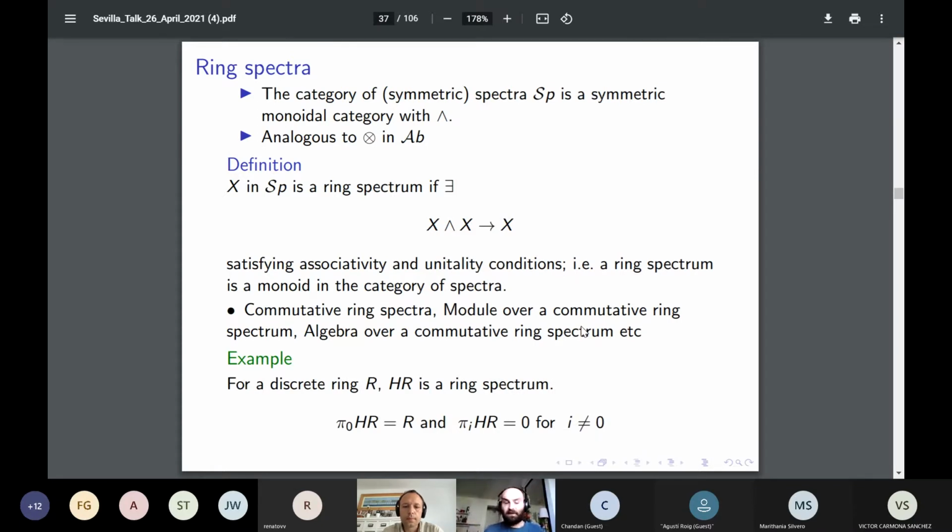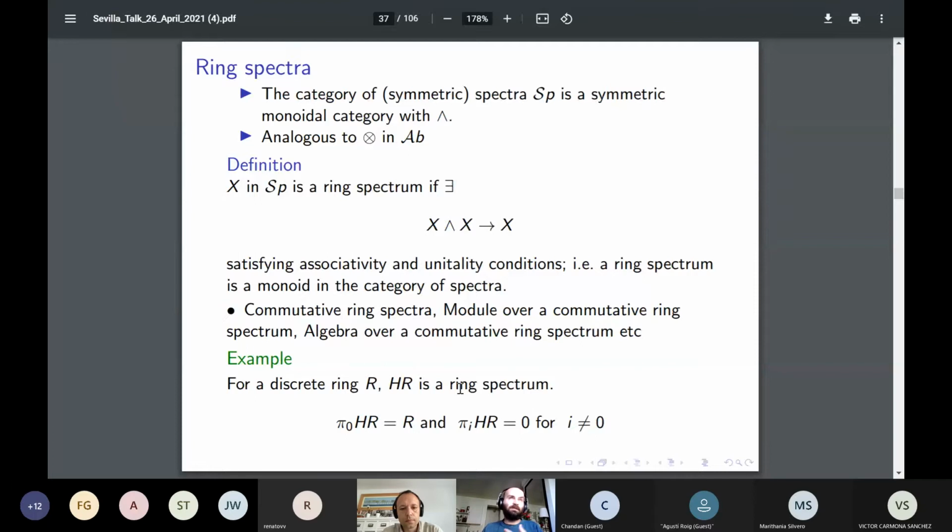The main example we should think about, at least for the purpose of this talk, of a ring spectrum is this: if you give us a classical discrete ring R, then HR, which is the spectrum defined by the property of having all its homotopy groups concentrated in degree 0, where it is given by R, is a ring spectrum. And if R is commutative, this is a commutative ring spectrum. It's interesting that, vaguely speaking, through this construction, ring spectra contain rings, the category of rings, as a full subcategory.